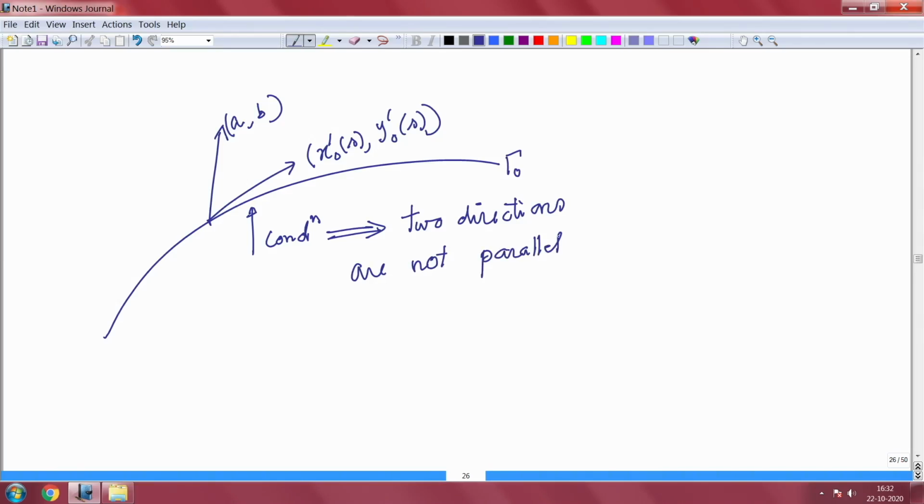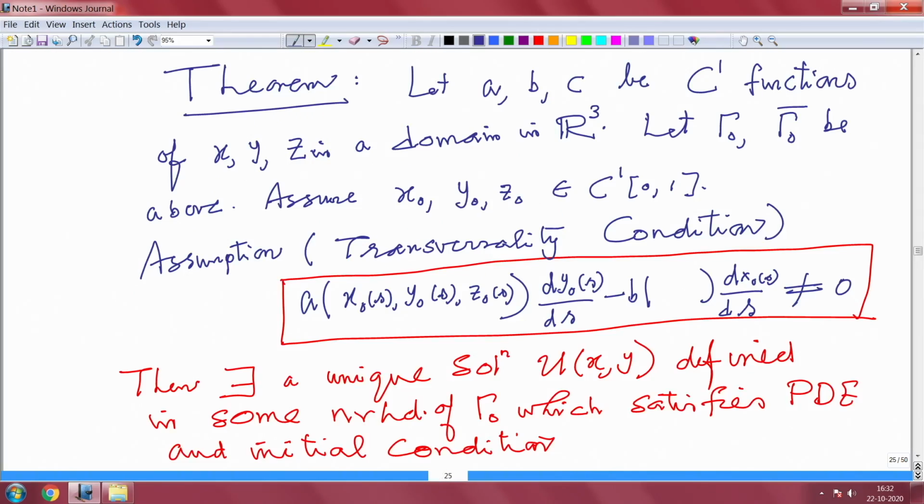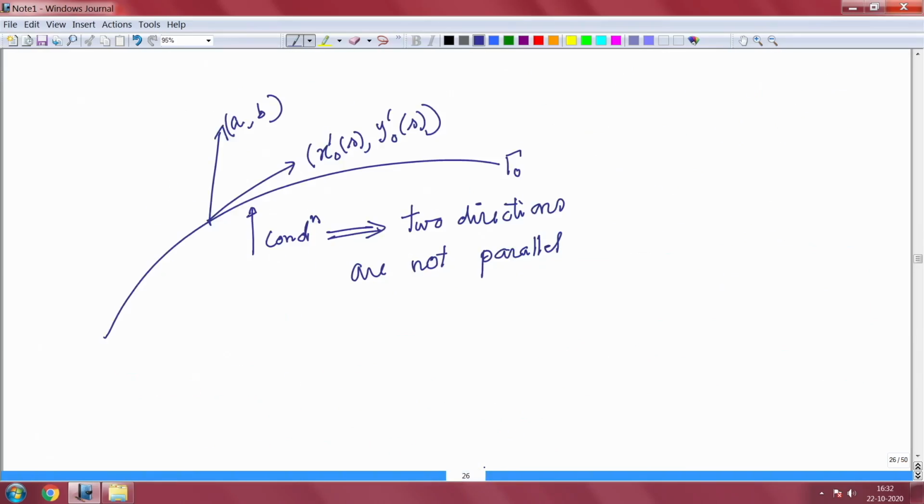In other words, it is given in terms of orthogonality. If you look at the condition, dy naught minus dx naught will be the normal, and that should not be orthogonal to the direction x naught of s, y naught of s. A, B is part of your characteristic direction.